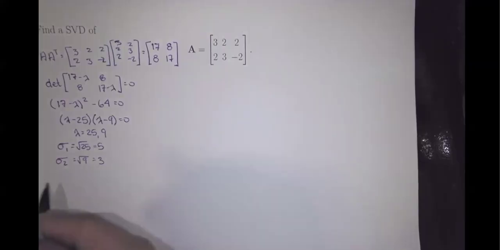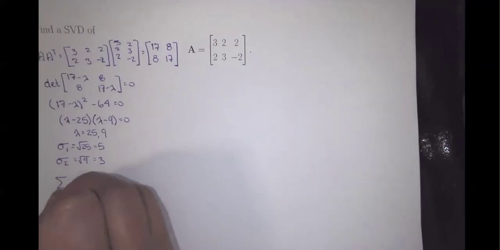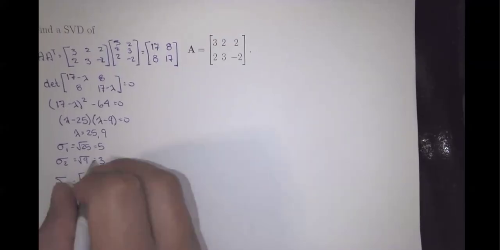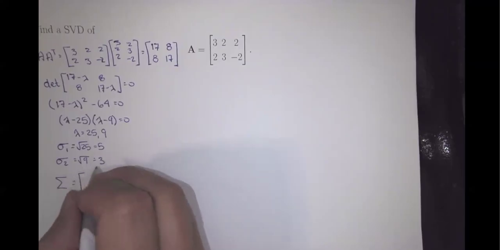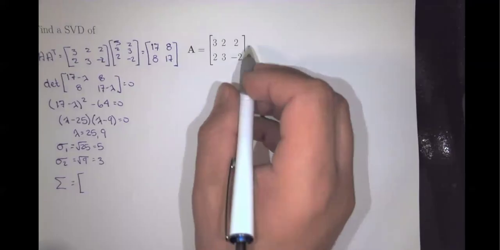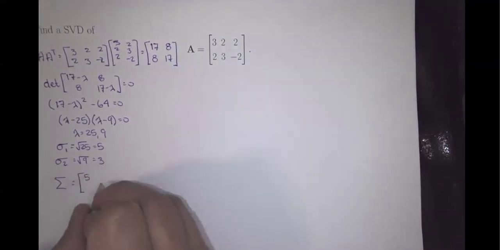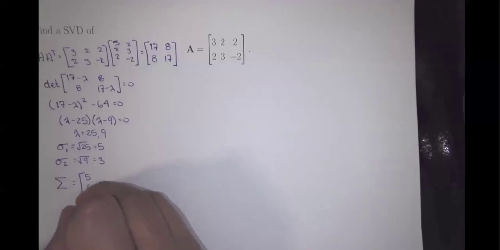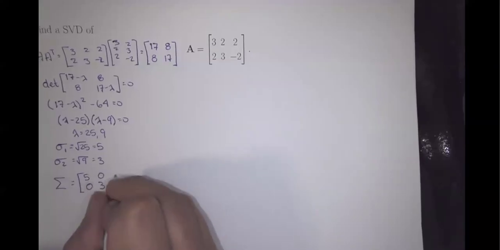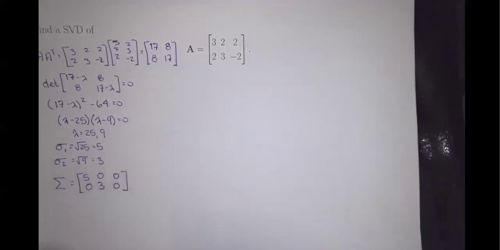So this gives us right away our singular value matrix. The singular value matrix has the same dimensions as the original, with the singular values down the main diagonal. Good.